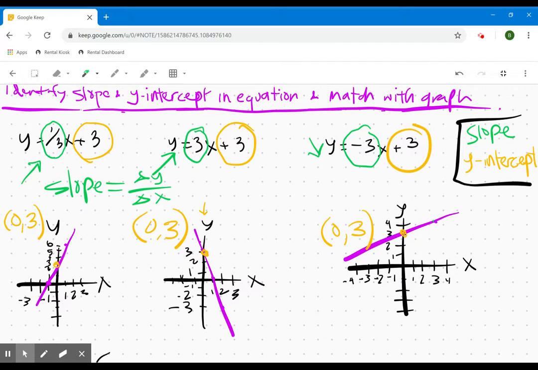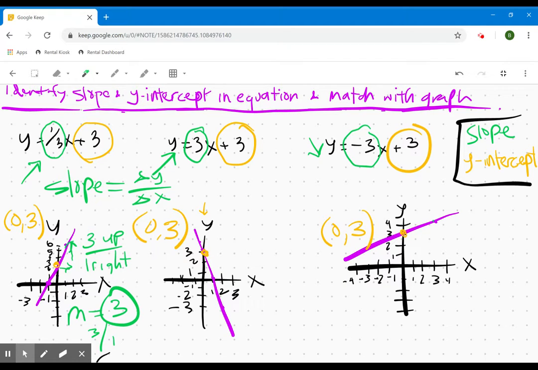For every 1 unit, we're going right. So 1 right. We are going 1, 2, 3 up. 3 up. So our slope in this graph is going to be 3. Now you could write it 3 over 1, but it's the same thing as saying 3.